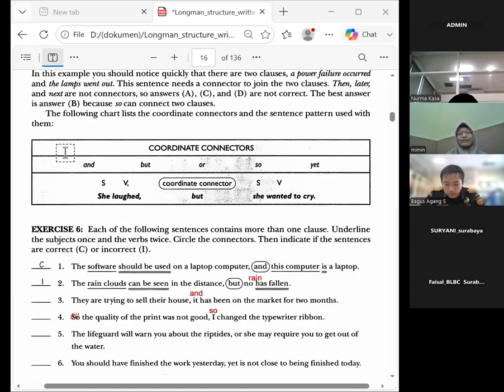Both are main clauses. The first clause, for example, the quality of the print was not good. The next clause is I changed the typewriter ribbon. You put a comma here, and so is placed after the comma. Always that way.